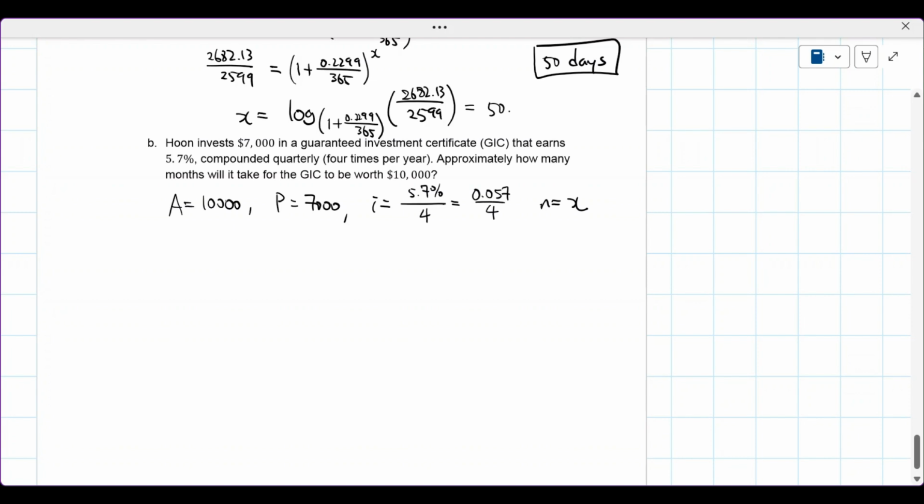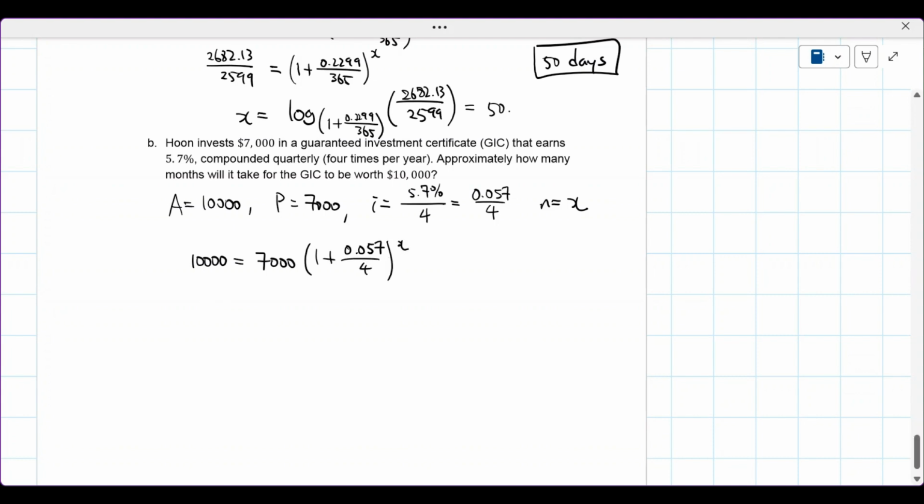Watch out for this one. n is the number of compounding periods, so the x value that I get will not be the direct answer. We'll go back to that later. Anyways, let's copy these numbers into the formula. 10,000 equals 7,000 times (1 plus 0.057 divided by 4) to the power of x.